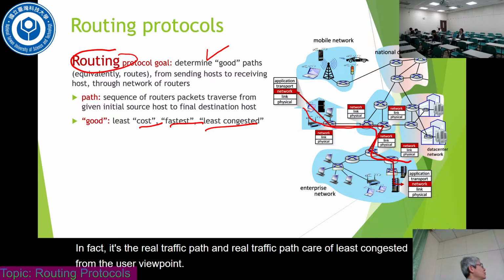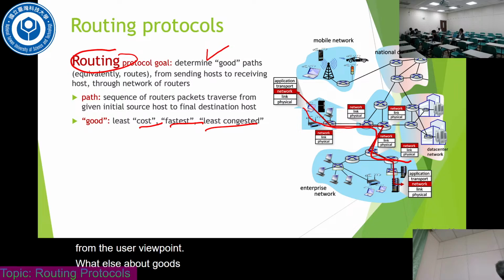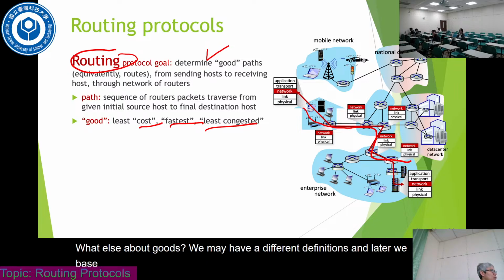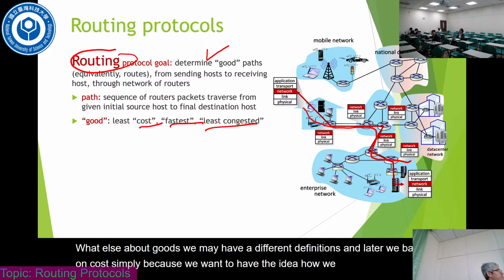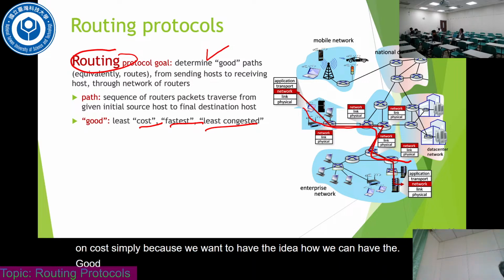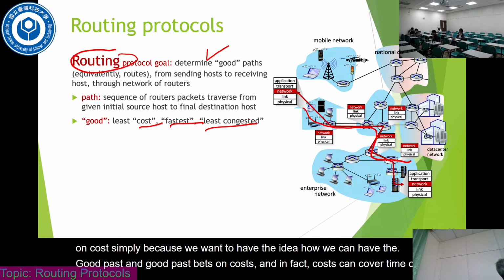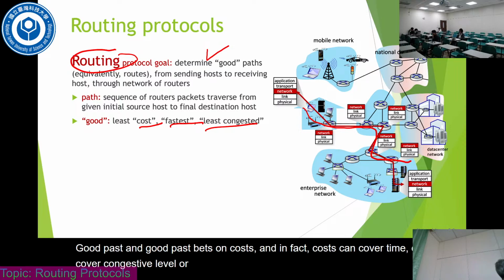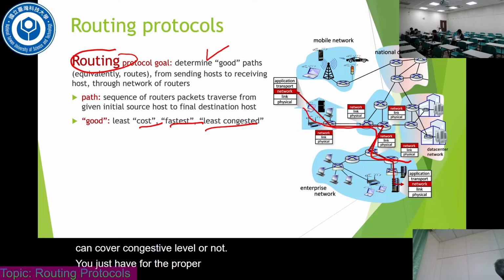Also, about good, we may have different definitions. Later, we base it on cost simply because we want to have the idea of how we can find a good path. And a good path is based on cost. In fact, cost can cover time, and can cover congestion level. You just need the proper mapping, then you can define the cost.